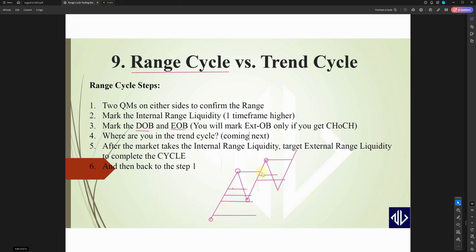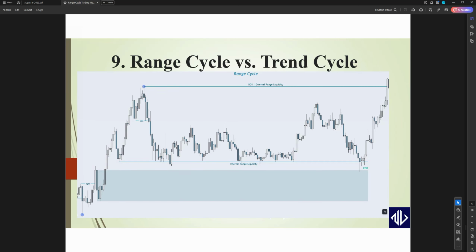And this is all what we do in our trading. And what about the second part, the trend cycle? But before we go to the trend cycle, we check the range cycle example here. You see that we have the two QMs here and here.